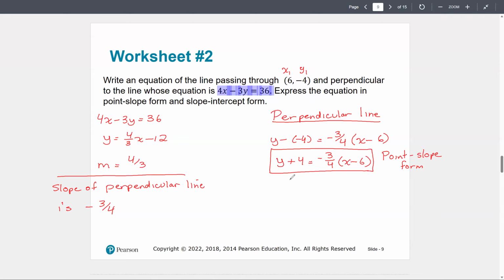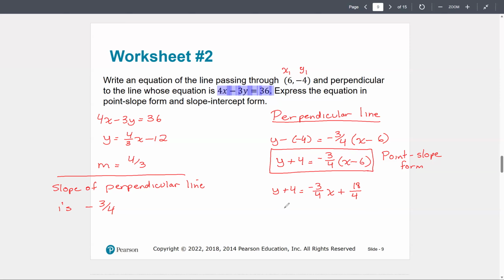Now we just keep solving for y to get slope intercept form. So y plus 4, if I distribute that, is going to be negative 3/4 x plus 3 times 6 over 4, that's going to be 18 over 4. Making sure I'm getting what I think I'm getting here.